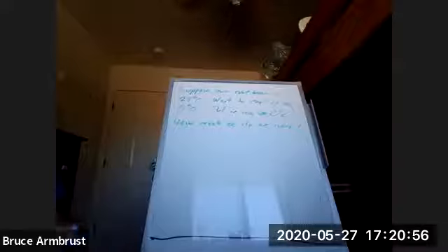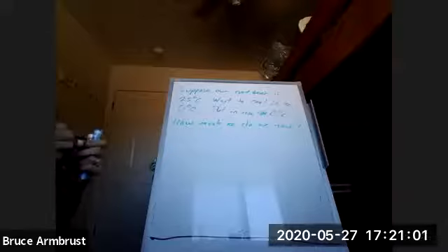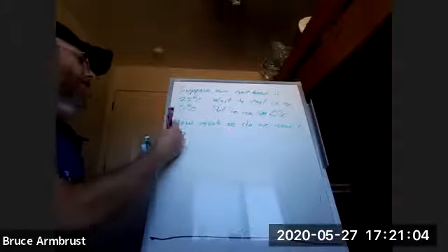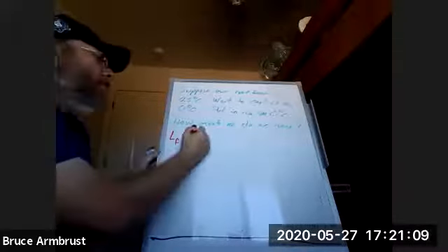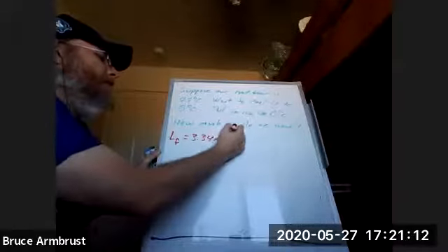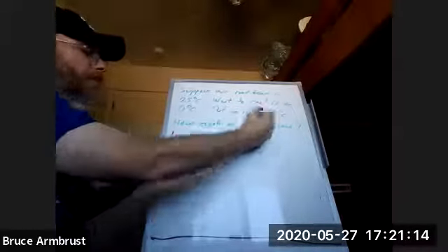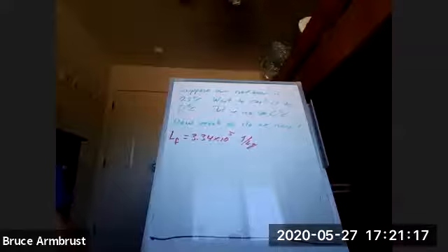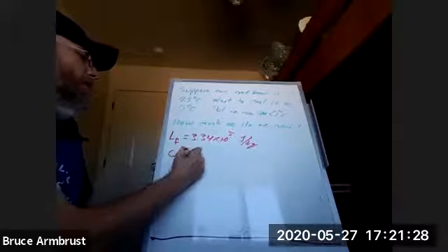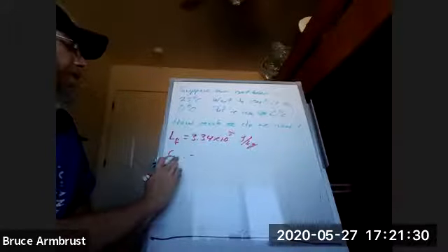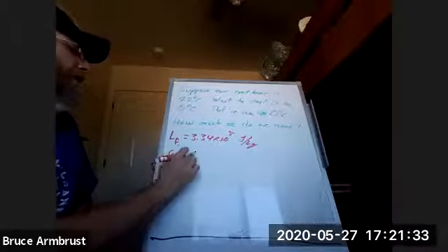Now, let me help you out with some numbers. We definitely need the latent heat of fusion for the ice. Like I told you, it's 3.34 times 10 to the 5th joules per kilogram. We also know the specific heat of our root beer.